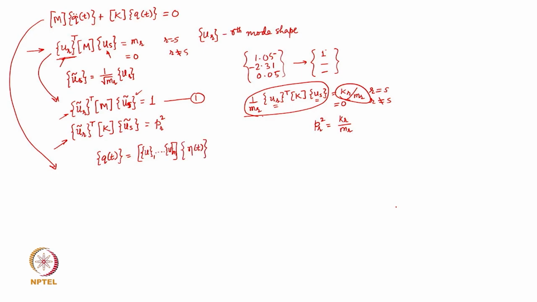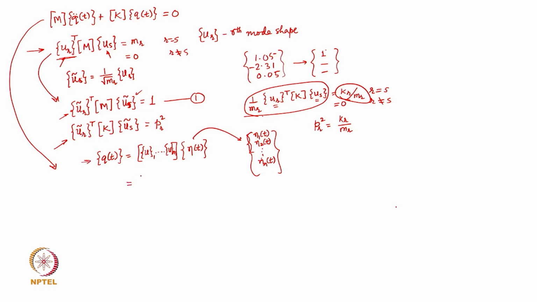It could be eta 1, eta 2, eta 3. So, this eta is the vector containing all the principal coordinates, eta 1, eta 2, up to eta n(t). This equation we have already discussed and shown how it works.